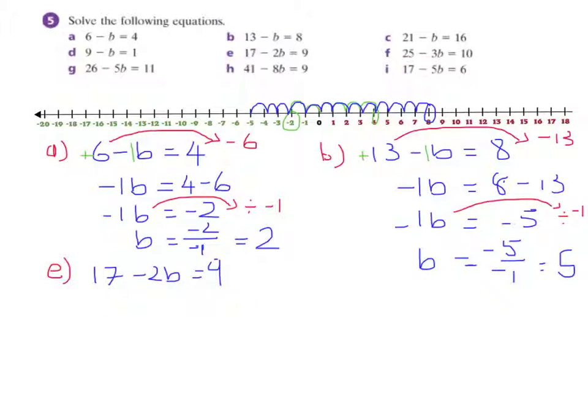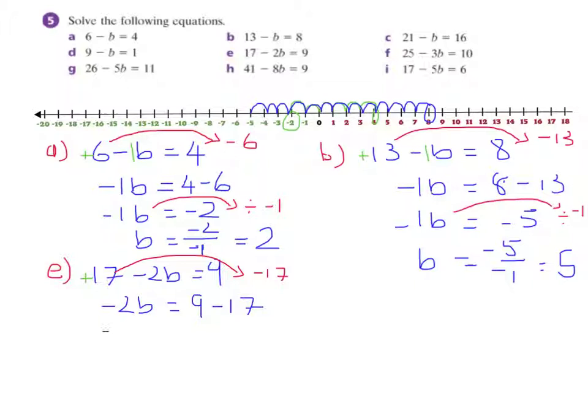So it's following the same pattern. Let's have a look. All I've got to do, I think this is a positive. When I take it over to this side, it becomes a negative 17. So I write my negative 2b equals 9, take 17.